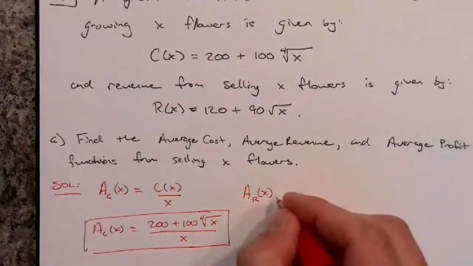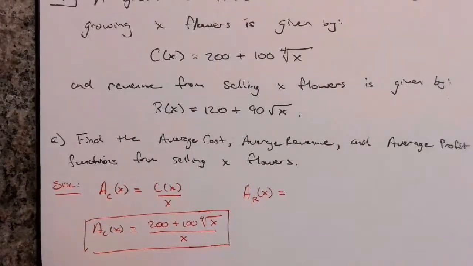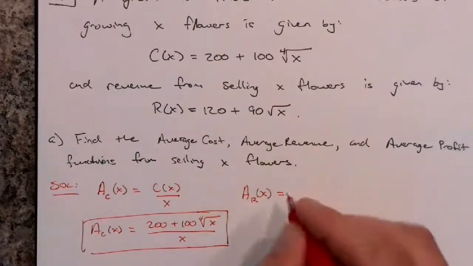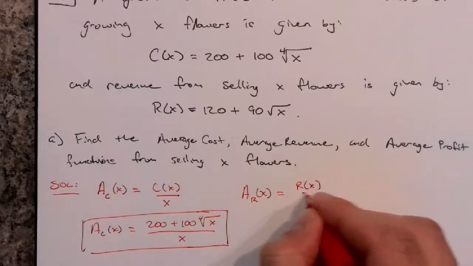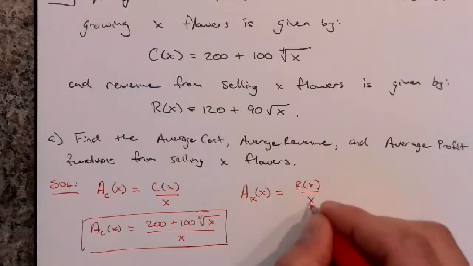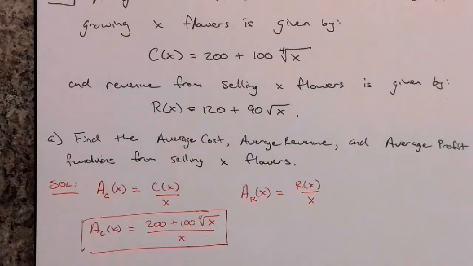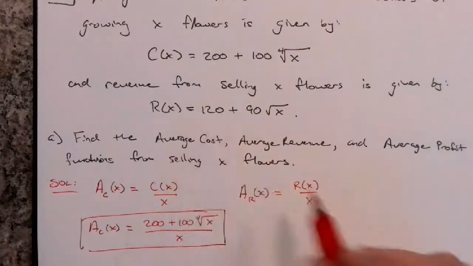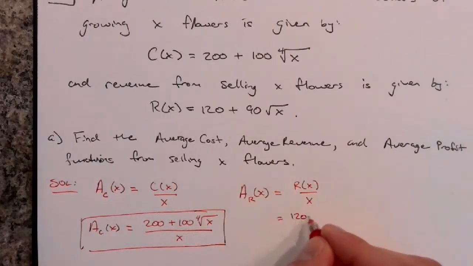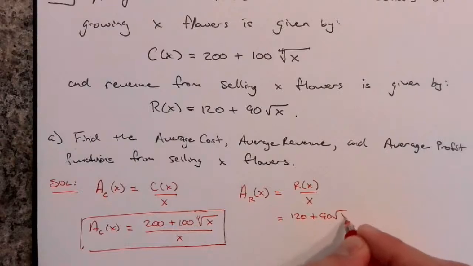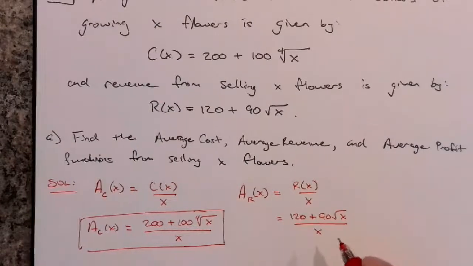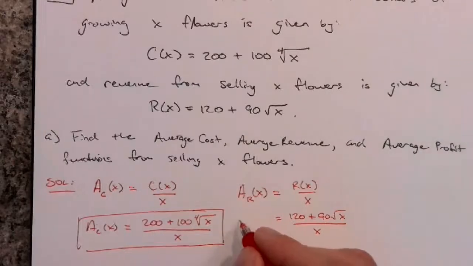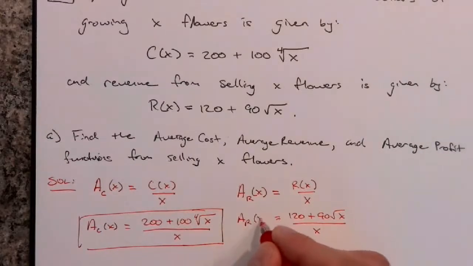So average revenue is equal to R of X over X. Well, we know what R of X is, it's 120 plus 90 square root of X all over X. So that's the average revenue function.